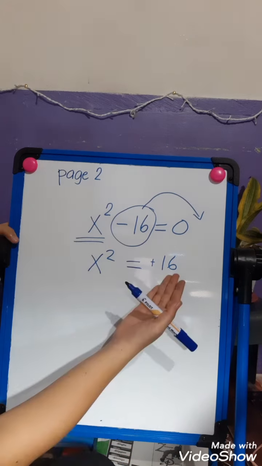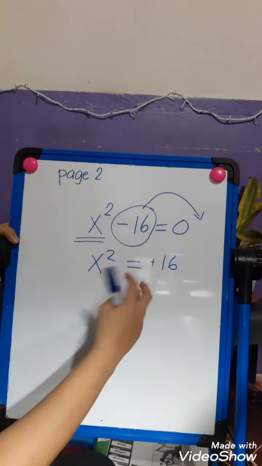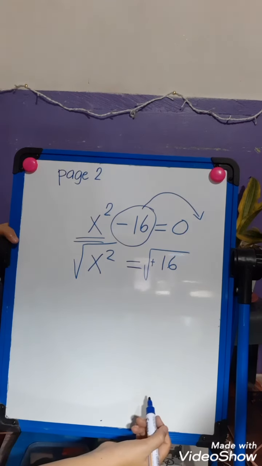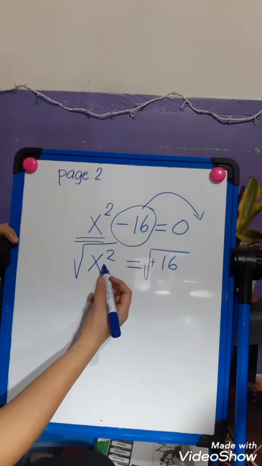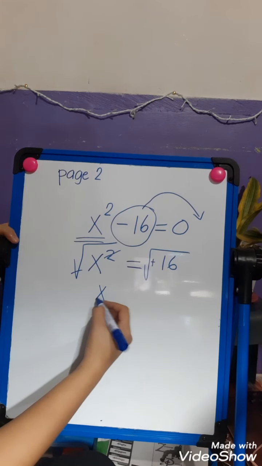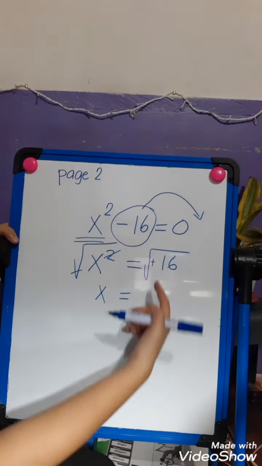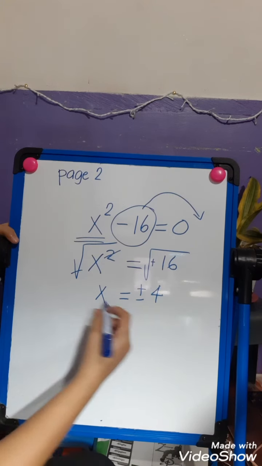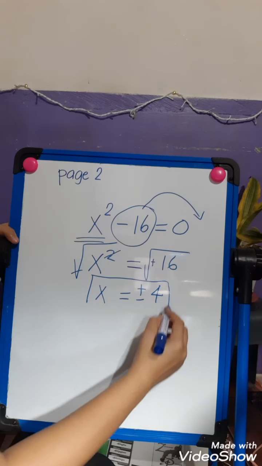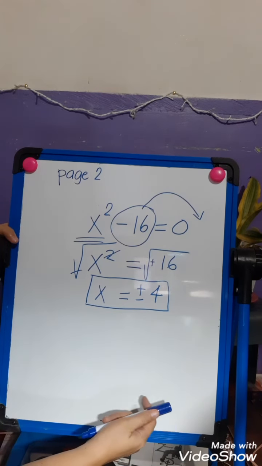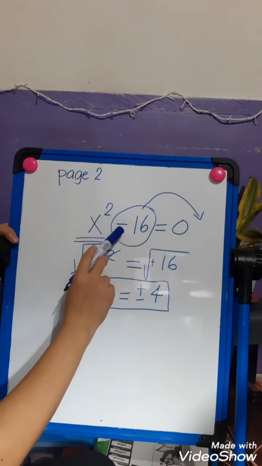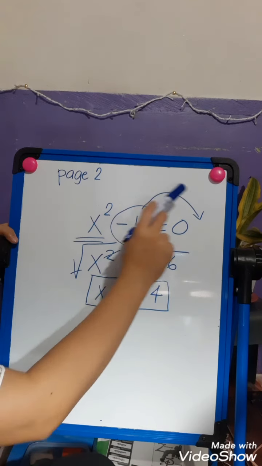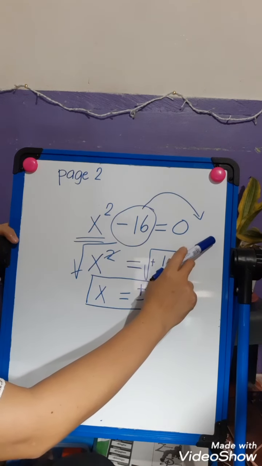And we know that 16 is a perfect number, so we can extract the square root of both sides. And then this is x, and then this is positive and negative 4. Sa akong balikon, pag ingani ang number, atong i-transpose or ipatabok na siya sa other side.